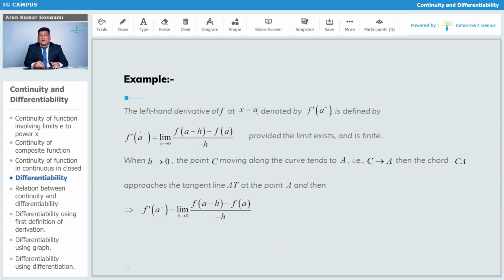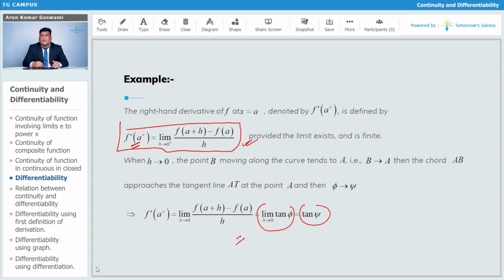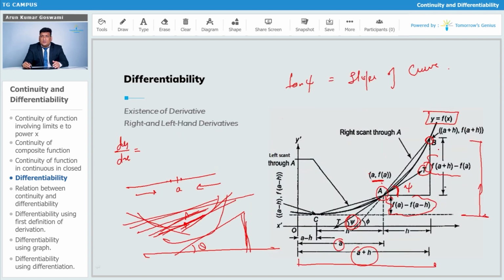Now, when I talk about the left hand derivative, it is represented by f dash of a negative: limit h tends to 0, f of a minus h minus f of a divided by minus h. This is also from the diagram only. Basically we are getting the derivative for the lower point. For point b we already found f of a plus h minus f of a.